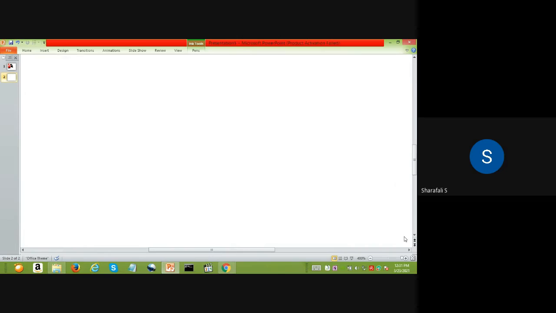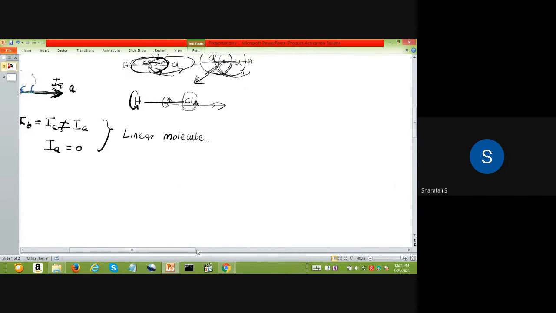I will just show how exactly this rotational spectra comes about.